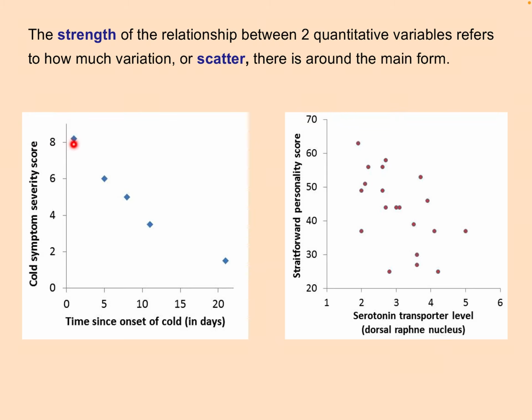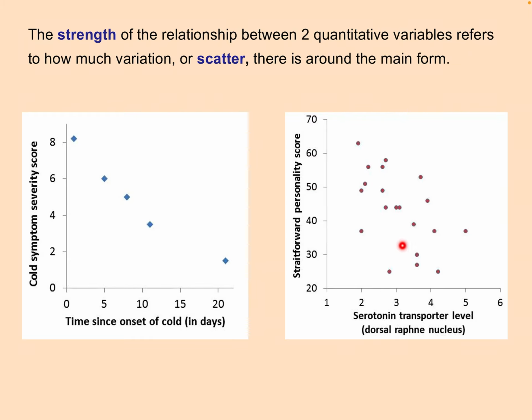And you can see that we have a negative relationship. It appears to be fairly straight, fairly linear. If you drew an imaginary line through that, you would see that all 5 of those data points fall very close to that line. That's a strong relationship. Now compare that with this plot over here, looking at serotonin transporter level versus straightforward personality score.